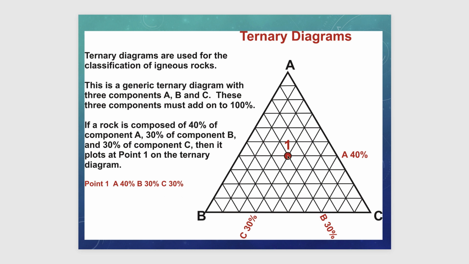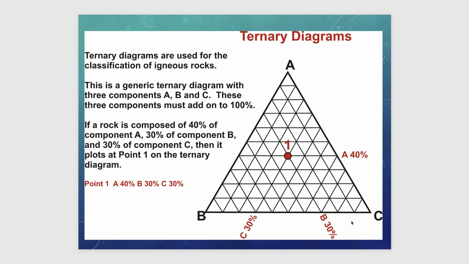So the 0.1 is lying on the 30%. That means that this specimen will have a composition that has partly B, and B value is 30%.